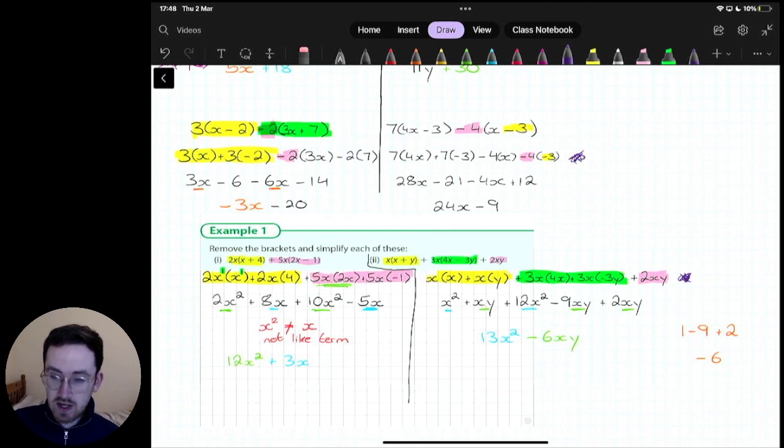We're multiplying the terms, we're adding and subtracting the like terms. If you keep it straightforward and stick with the same method every single time you do the questions, then you'll find it so much easier. You'll be able to just start any of the questions, no problem.